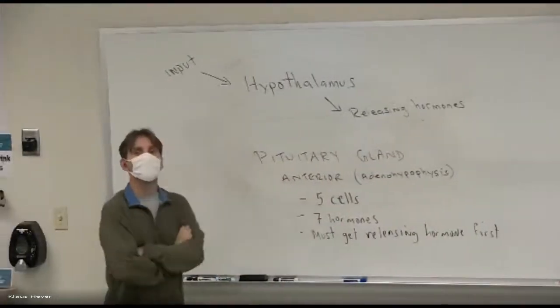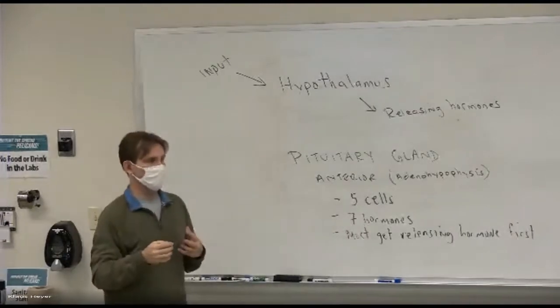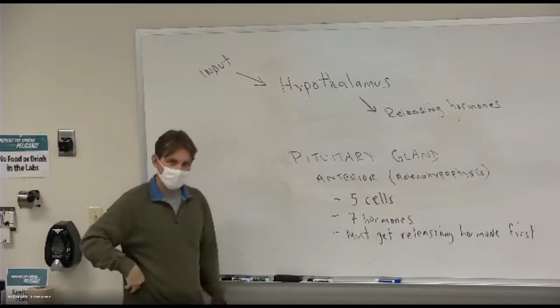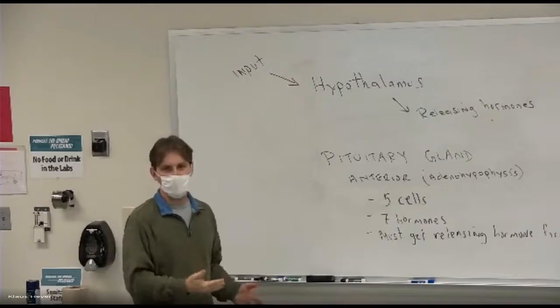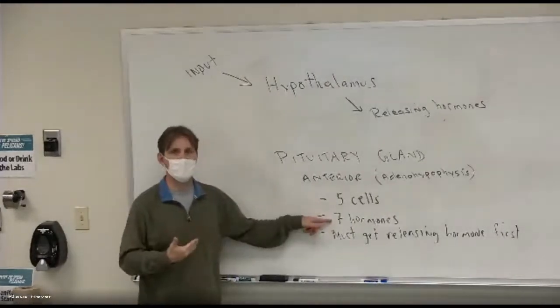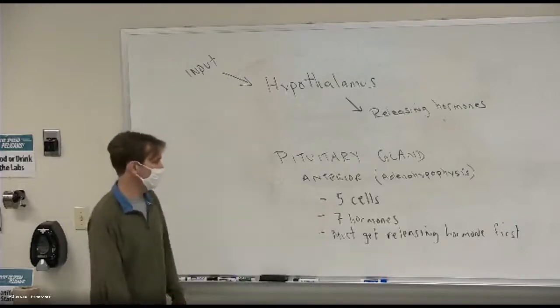These 7 hormones are going to different places in your body, for example, the mammary glands, or the thyroid, or the adrenal glands, which sit on top of the kidney, or the testes, ovaries. It just depends on what needs to get released.